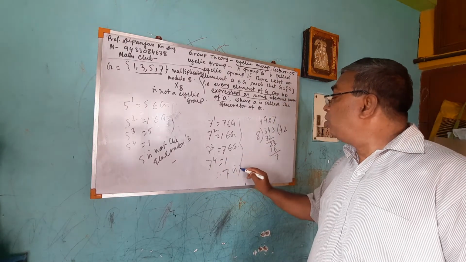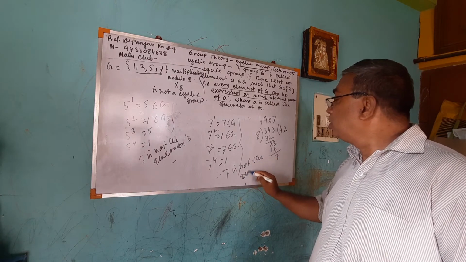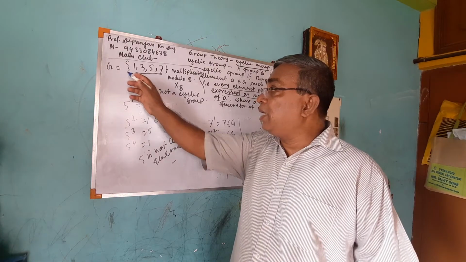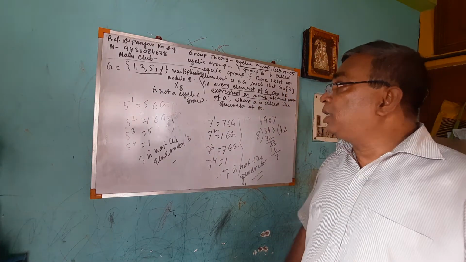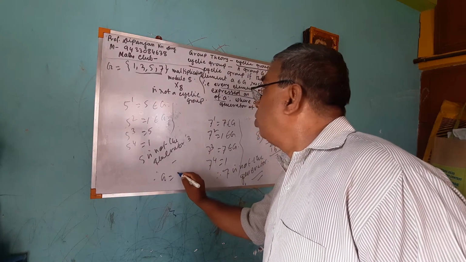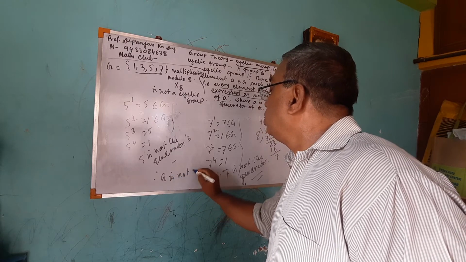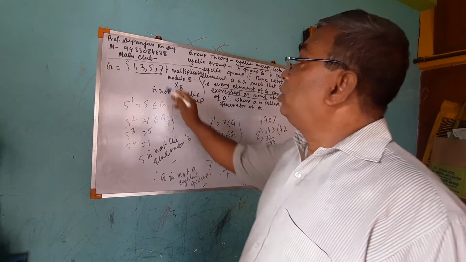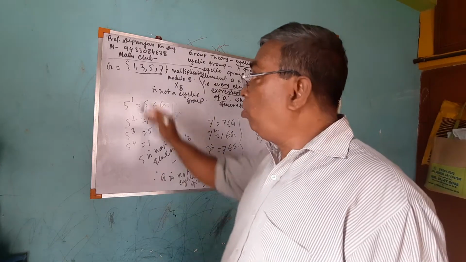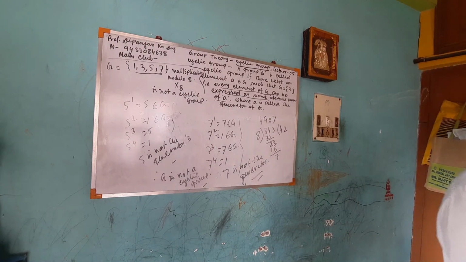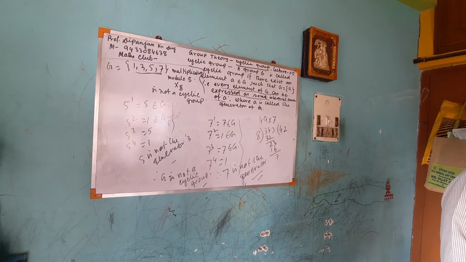So G equal to {1, 3, 5, 7} under multiplication modulo 8 is not a cyclic group. There is actually no generator element.